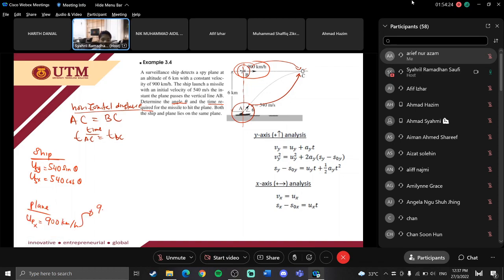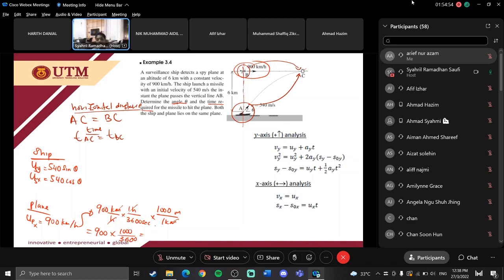So you have 900 kilometers per hour. You need to multiply by 1 hour over 3,600 seconds, and by 1,000 meters per 1 kilometer. You can cancel out the hour, kilometer and kilometer. You will get 900 times 1,000 over 3,600.